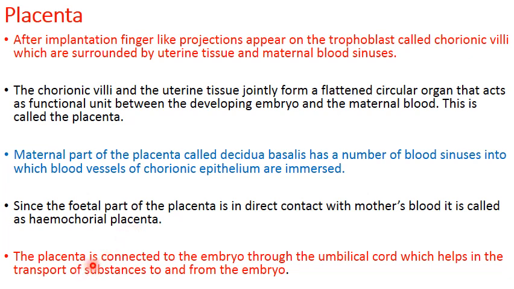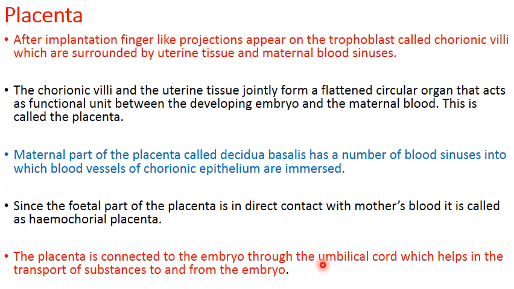And the placenta is connected to the embryo through a cord-like structure called the umbilical cord, and through this umbilical cord there will be transport of substances to and from the embryo.